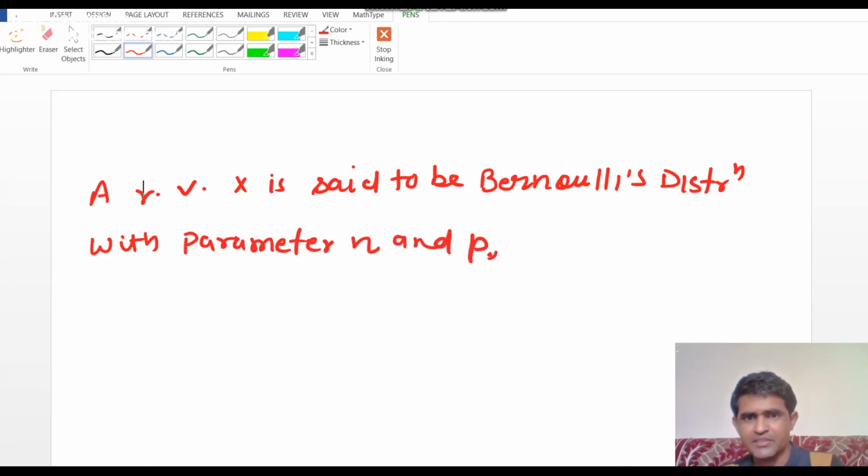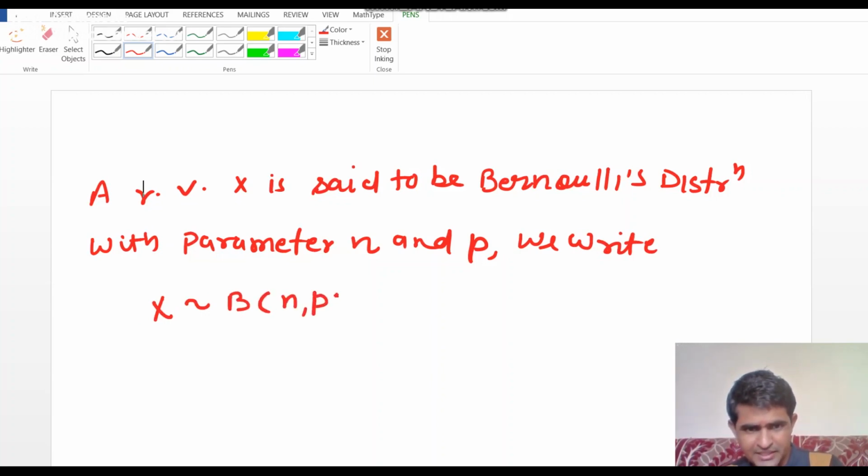This is the parameter. Here there are two parameters, n and p, meaning the binomial distribution has only two parameters. We can write it like this: x is a random variable having binomial distribution with parameters n and p.